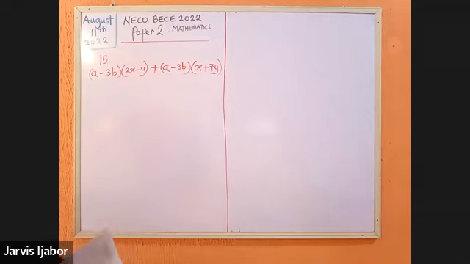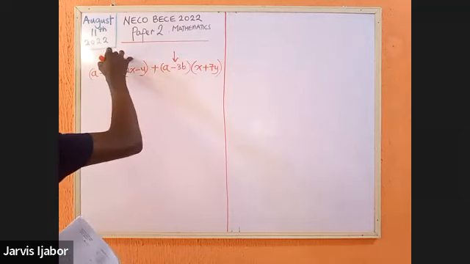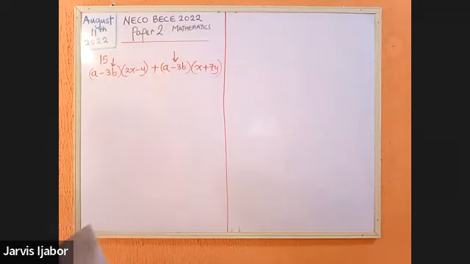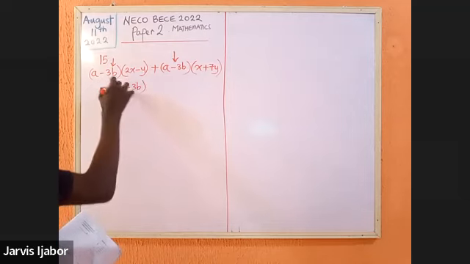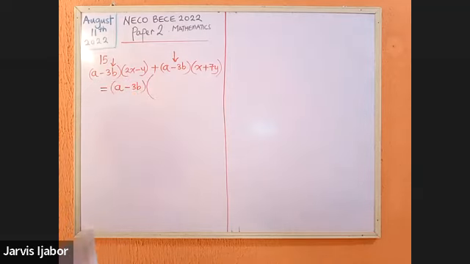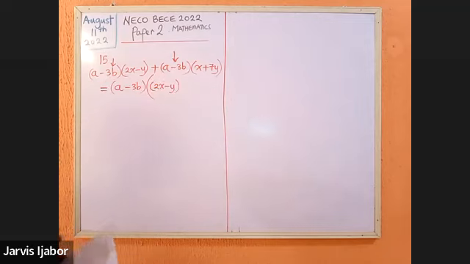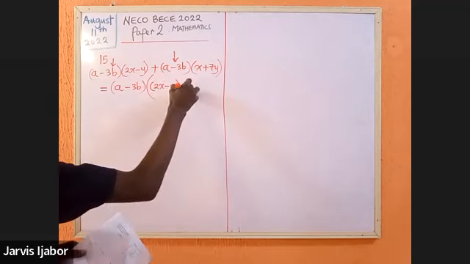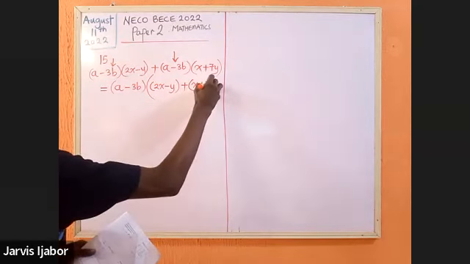If you look at this very well, you discover that this and this are common terms, so we can easily factor them out. So that will be a minus 3b into what is left: 2x minus y plus x plus 7y.